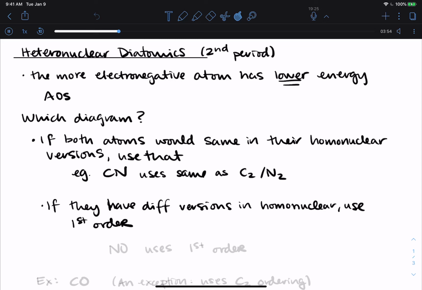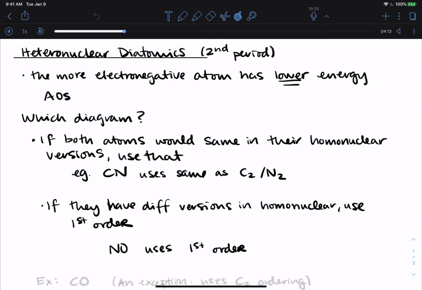So, for example, NO or NO plus or NO minus uses first order, right? N2 would have used second order, O2 would have used first order. This molecule uses first order.